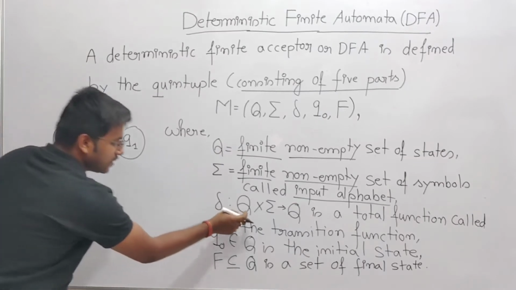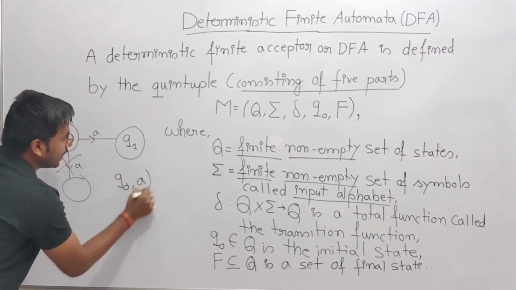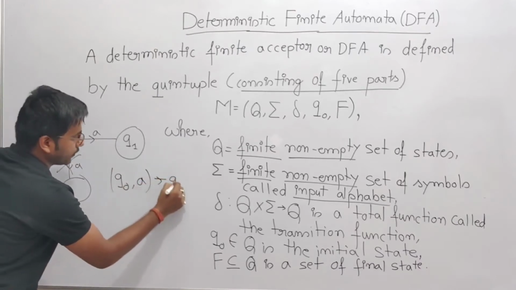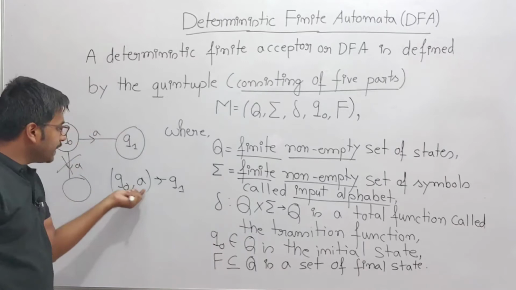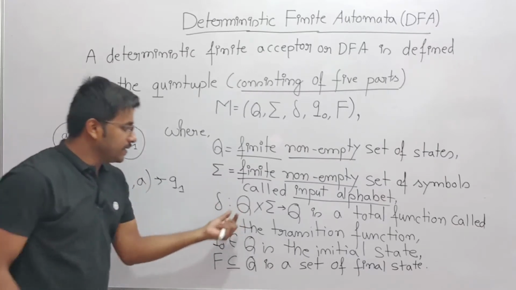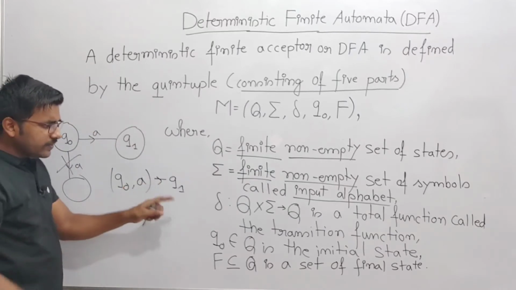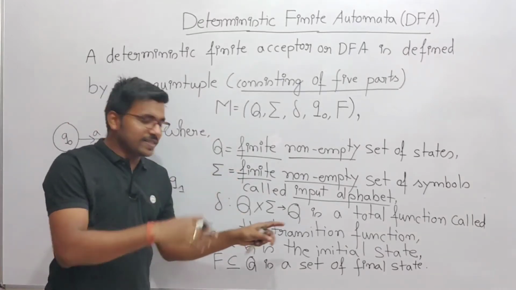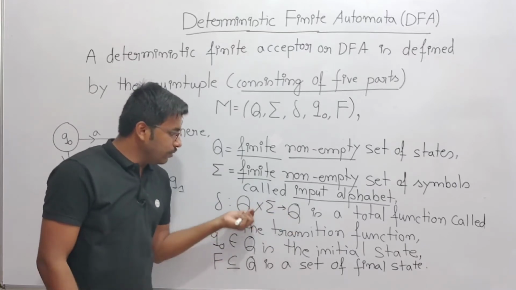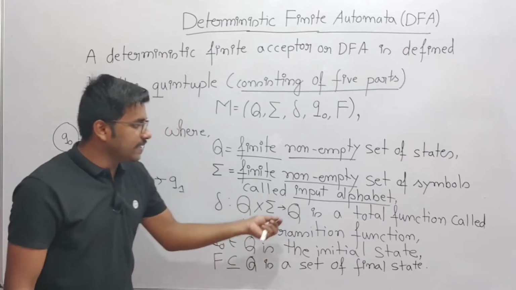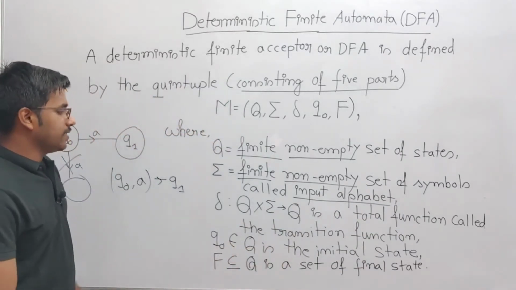So Q0 by getting A is going to Q1. This is the transition function: Q0 by getting A goes to Q1. See, it is going to only one state, one of the states in Q. So Q cross sigma goes to Q is a total function, called the transition function.